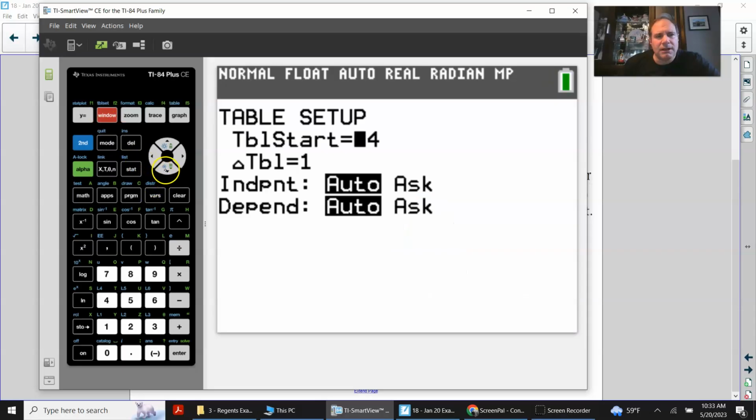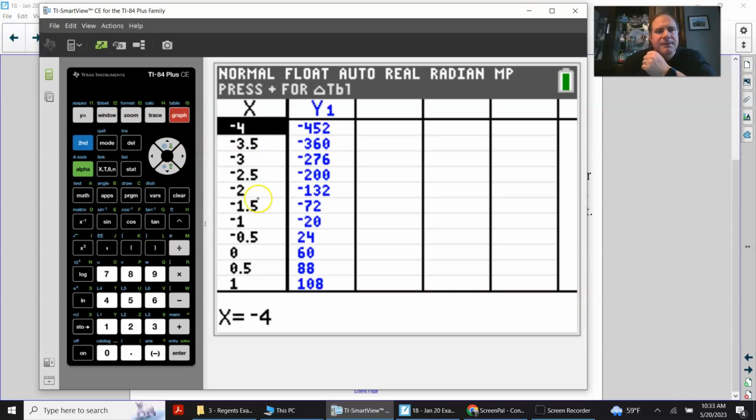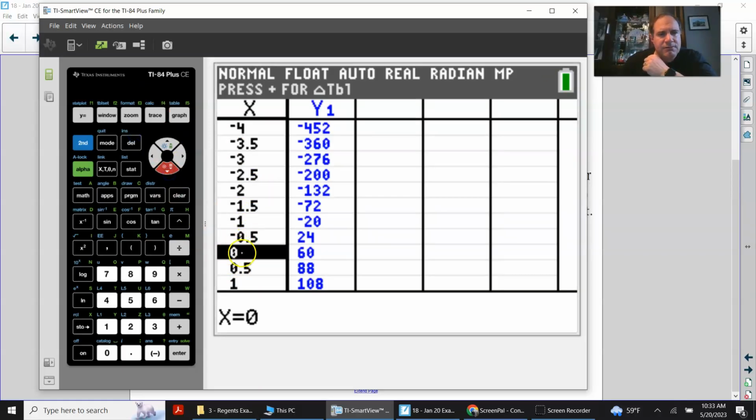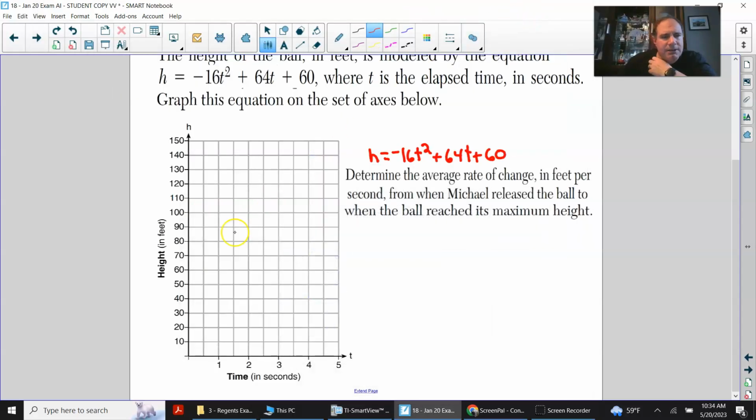You don't have to do this, but the graph that they gave me is increasing the x's by halves, so I'm changing it to a half so I could see what each half is. I'm starting at 0, 60. So 0, 60 is right here.